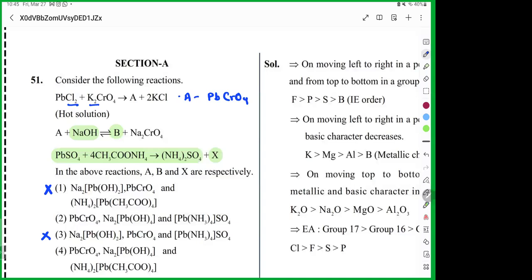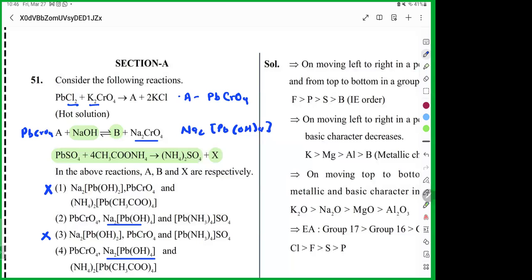Because in the options we are calculating B and A. PbCrO4 reacts with NaOH, and Na2CrO4 is removed. What will be the other product? Na2Pb(OH)4. The good thing is option 2 and option 4 are exactly the same, so you know the answer, right?